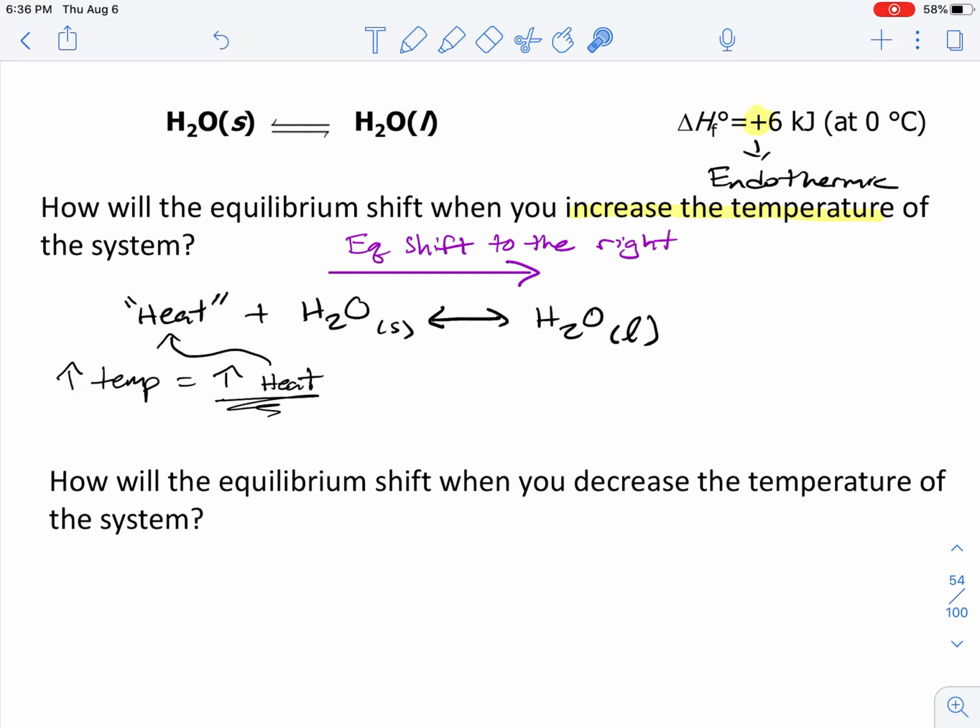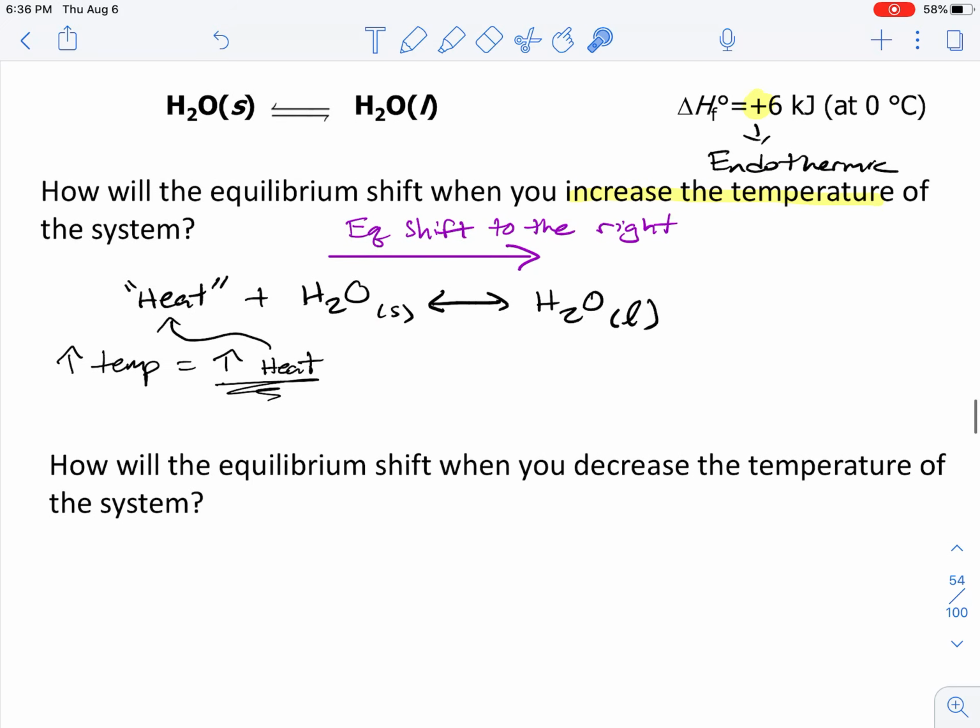And so therefore more liquid water will be produced. All right, and so what would happen to the equilibrium if temperature in this case decreased?